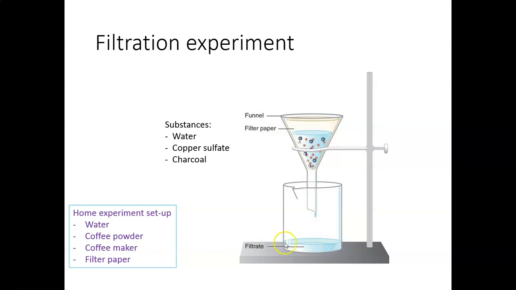Did you see the filtrate? What comes after going through the filter paper is called filtrate. So do you think the filtrate has blue color, or has copper sulfate? Looks like yes, strong blue. And how about charcoal?